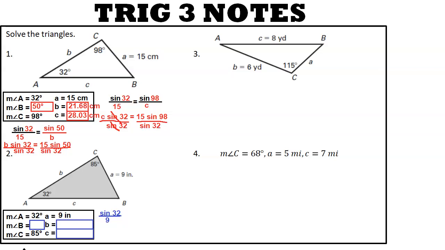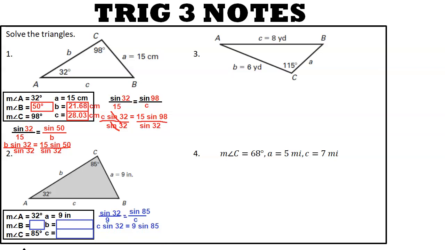So what letter do we know some of the story of, but we don't know the whole thing? And so I told you the setup was going to be really similar here to the previous problem, and it is. So we are going to use angle C. So we're going to say sine of 32 over 9 equals sine of 85 over little c. All right, and when you cross multiply, we're going to get c times the sine of 32 equals 9 times the sine of 85.